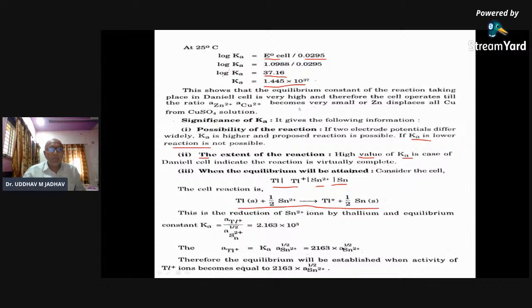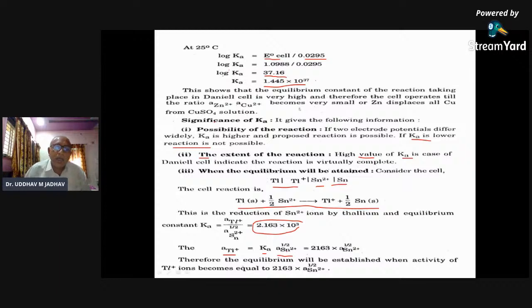What is the ratio of Ti⁺ to Sn²⁺ raised to 1/2, आणि हा रेशो साधारणतः 2.163 येतो, जर आपण कॉन्सन्ट्रेशन घेतली तर. आणि त्यावरनं ऍक्टिव्हिटी ऑफ Ti is equal to K into activity of Sn²⁺.